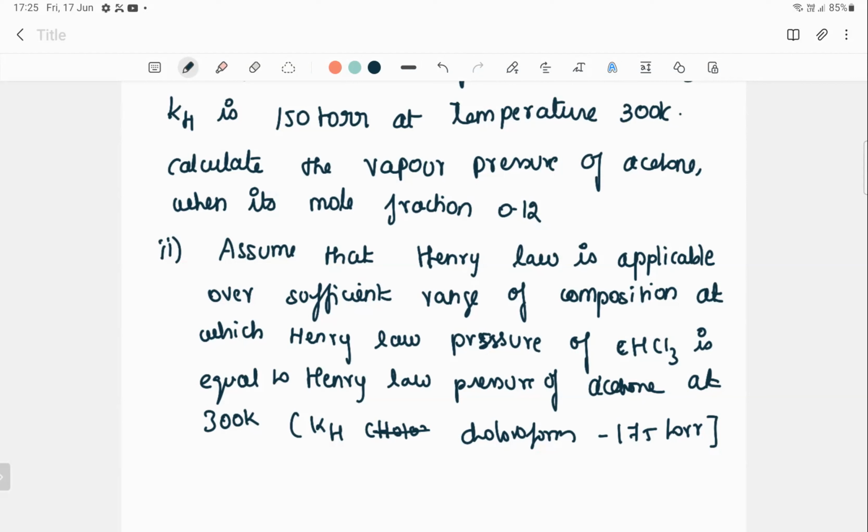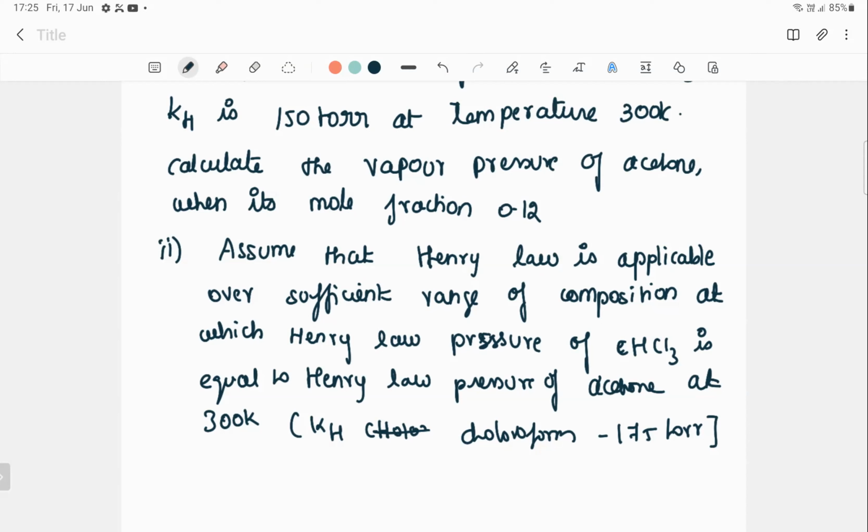It means it is applicable at any composition. Composition here is not about inert gases or high and low solubility gases. It's about liquids: for liquids, at any composition it is soluble, so this is also liquid, this is also liquid.